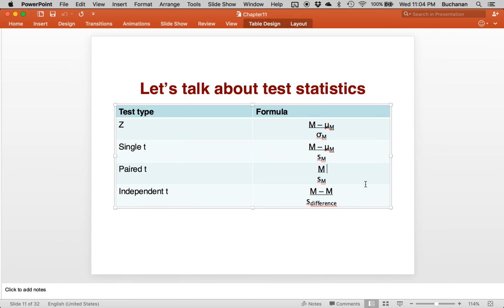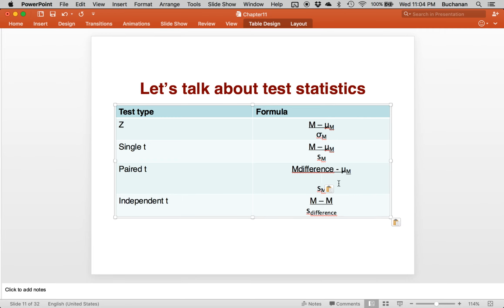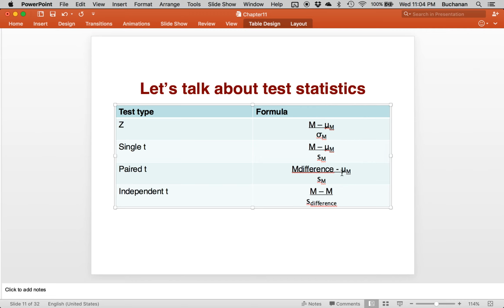Paired t, this really says mean difference here, but it's still mean minus mean, right, divided by standard error, but we assume that mu M is 0. So it's mean difference over standard error. And independent t is mean minus mean over standard error. So that should sound very familiar.